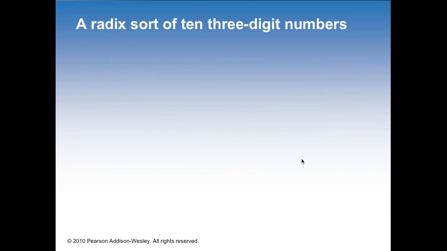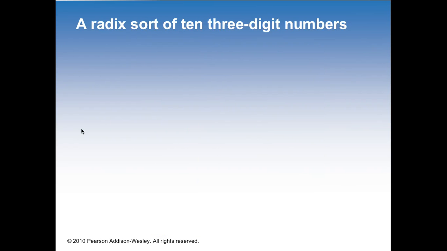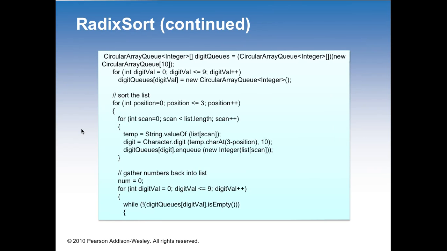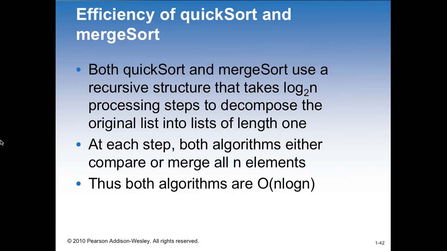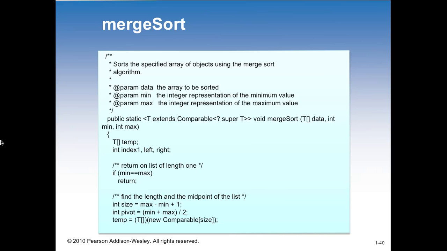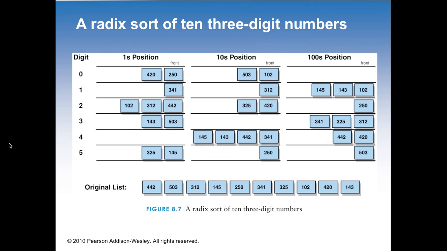Oops, what happened here? Here's the UML-looking thing on how we would put together the source code for a Radix Sort algorithm. We would have an array queue, and these are examples. Let me go back and say something about this because I totally skipped it.